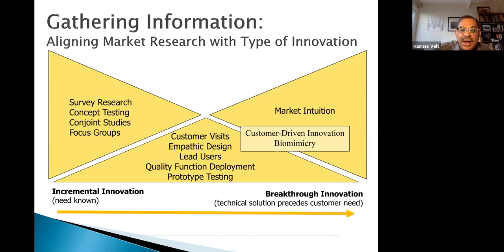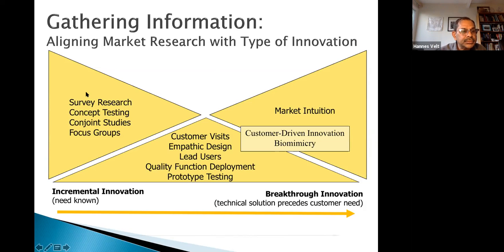Our thesis in this chapter is that when there is moderate uncertainty, observation of behavior is a better marketing research technique than self-report, because consumers can't really give valid responses. So that's the reason why we introduce all these techniques: customer visits, empathic design, and so on.